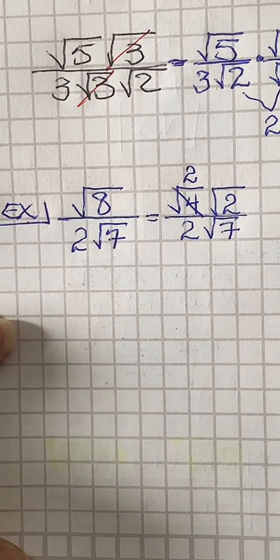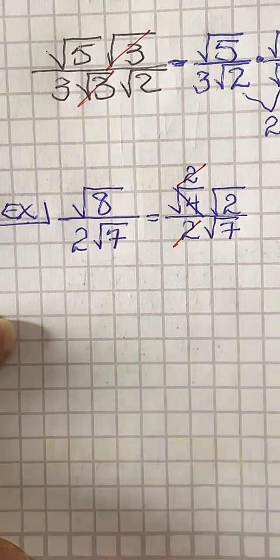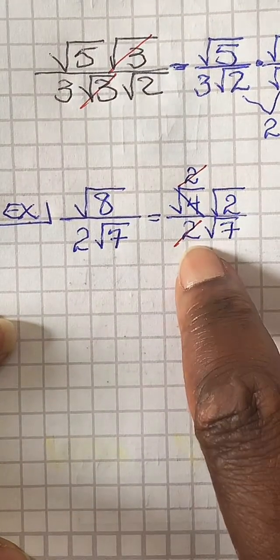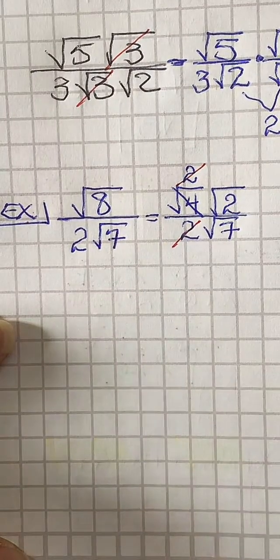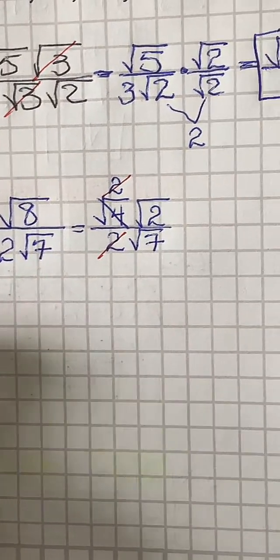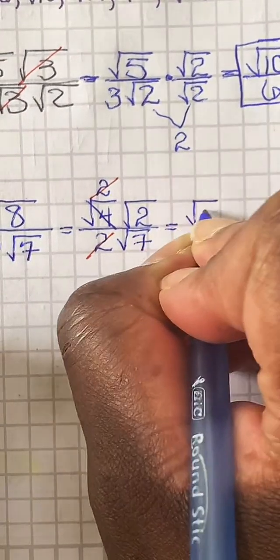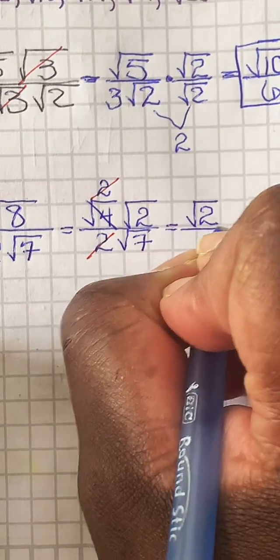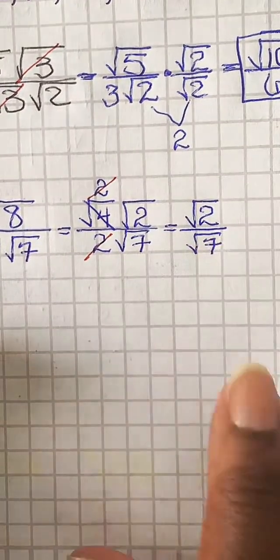So from here, this 2 and this 2, whole number divided by whole number? Yes, ma'am, and sir. So they can cancel out, leaving me with square root of 2 over the square root of 7. Okay?